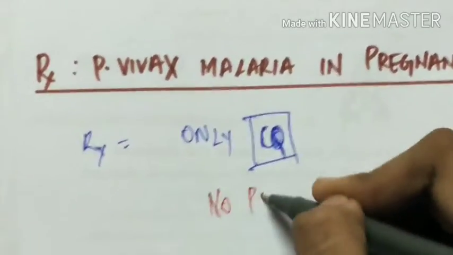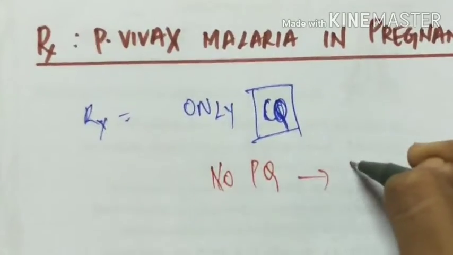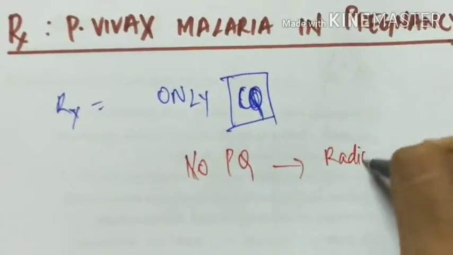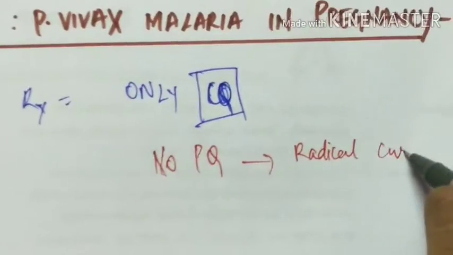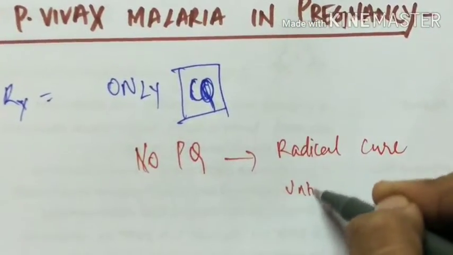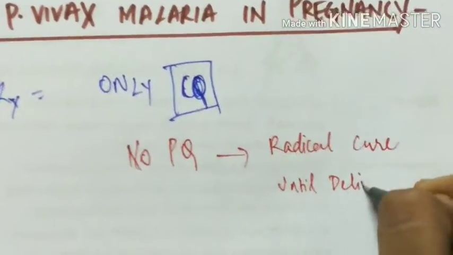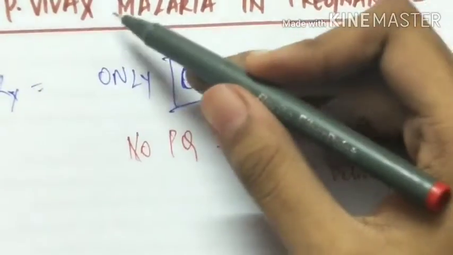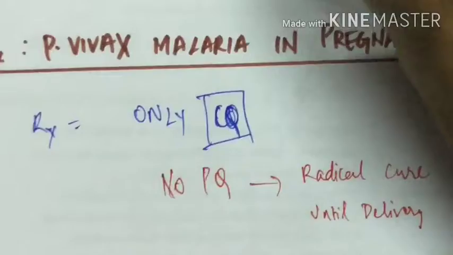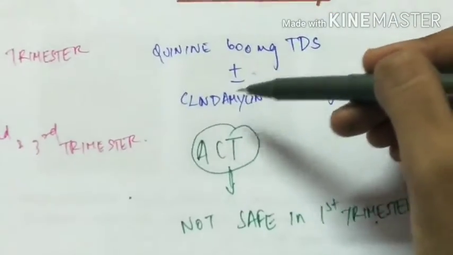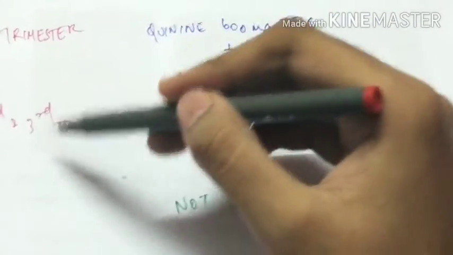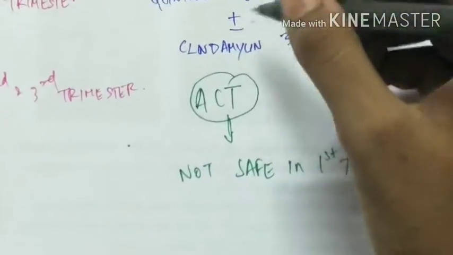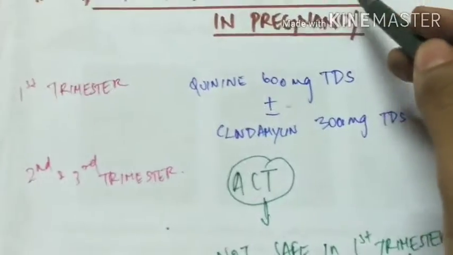No primaquine is given for radical cure until delivery. So only chloroquine is given as treatment for Plasmodium vivax. In the first trimester, quinine with or without clindamycin is given. In the second and third trimester, ACT therapy is given for Plasmodium falciparum malaria in pregnancy.